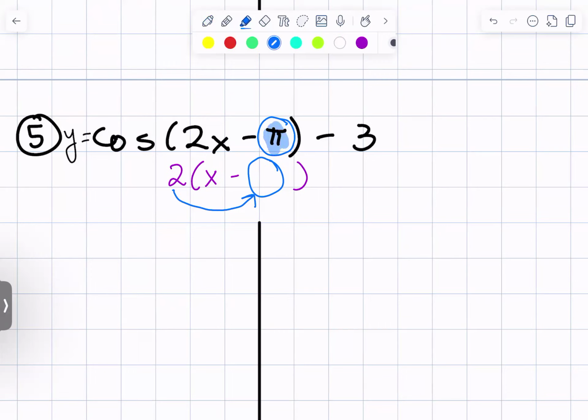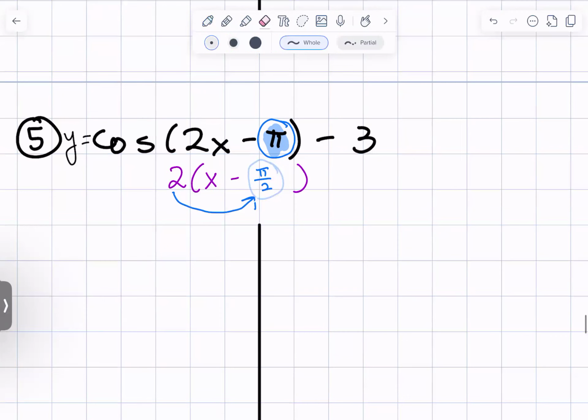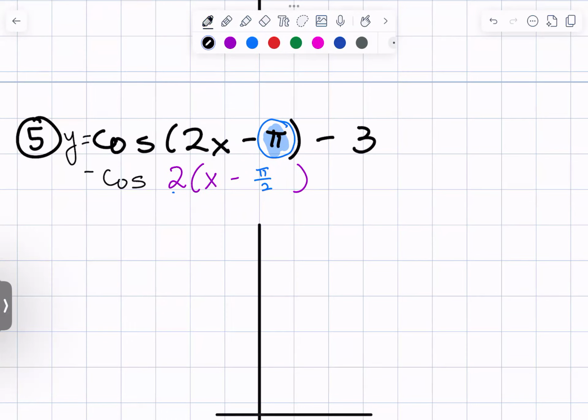That would actually just be pi over 2, right? So now that we've got that, it's cosine equals y minus 3.